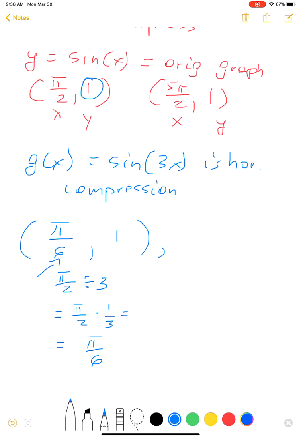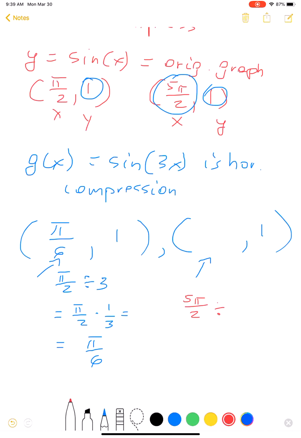And the second point, I'm going to use exactly the same y-coordinate. With horizontal stretch or compression, there is no change regarding y-coordinates. And to get the new x-coordinate, you take the original one, which was 5 pi over 2. Because we have compression, divide by 3.